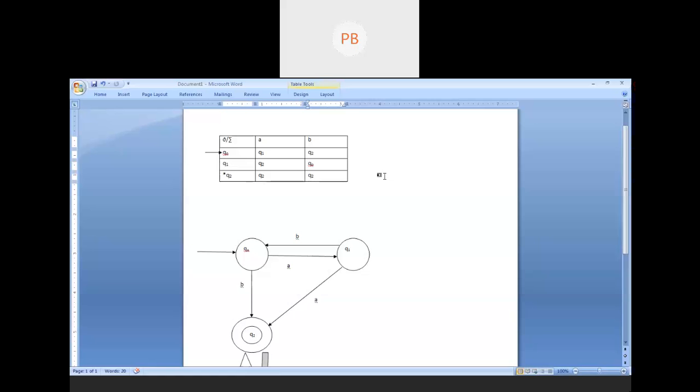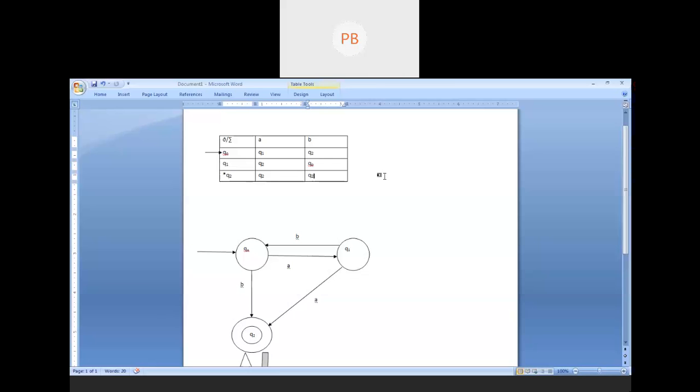Okay, right then. From this, simpler notations for representing DFA.